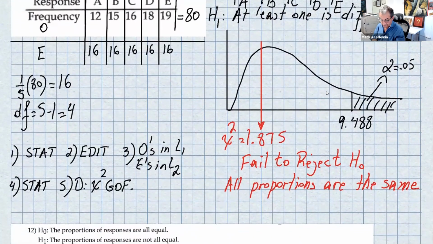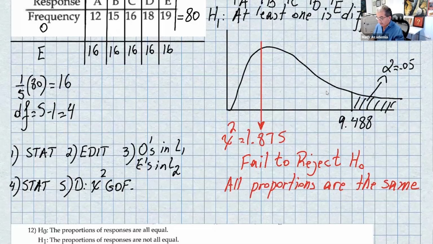Degrees of freedom, we already know, is 5 minus 1, which is 4. And if you want to find the test statistic, again, go to stat, edit, O's in L1, E's in L2, then go back to stat, then pick chi-square goodness of fit test, and the calculator will give you that test statistic.